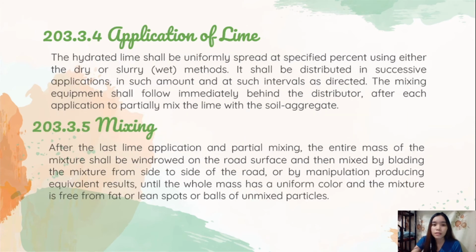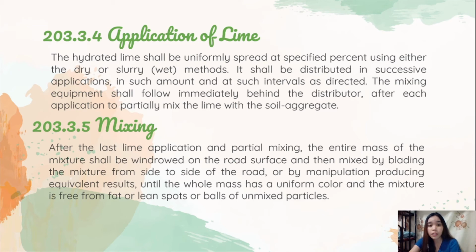So next is application of lime. So the dehydrated lime shall be uniformly spread at a specified percent using either the dry or slurry method. It shall be distributed in successive applications in such amount at such intervals as directed.